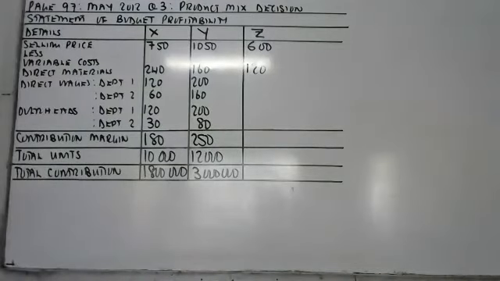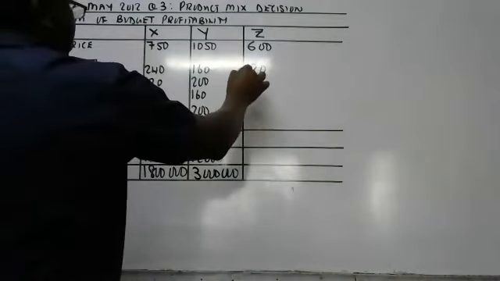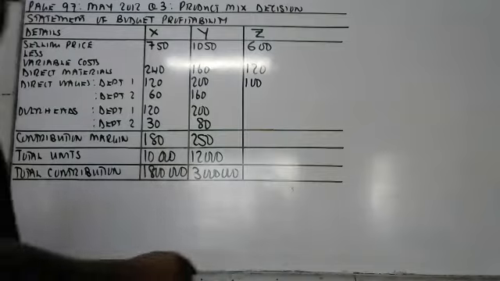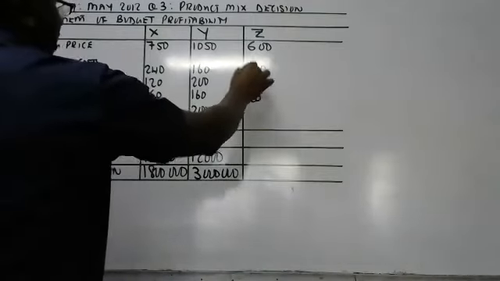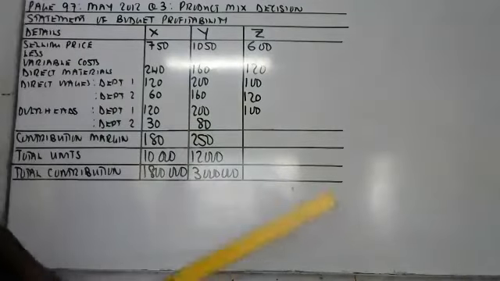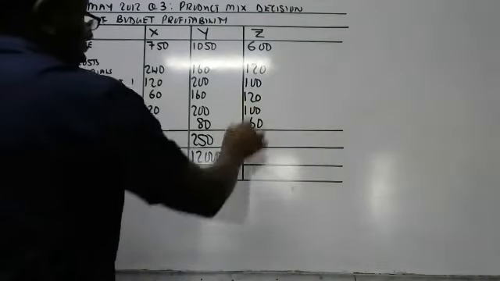Labor is 40 times 2.5. 40 times 2.5 is 100. You're given 20 times 6, that is 120. So overhead, 100% of 100 is 100. And 50% of 120 is 60.